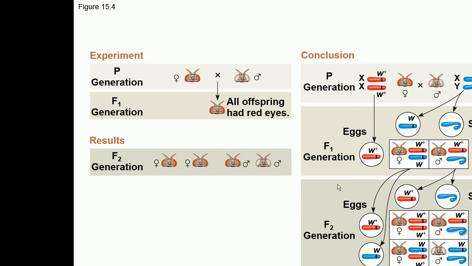And when this X chromosome goes with this Y chromosome, it's going to be a male, XY. This is mutant allele, this is Y. So this is going to be a male with white eyes because this allele is mutant allele.